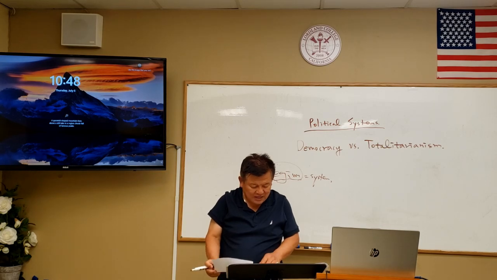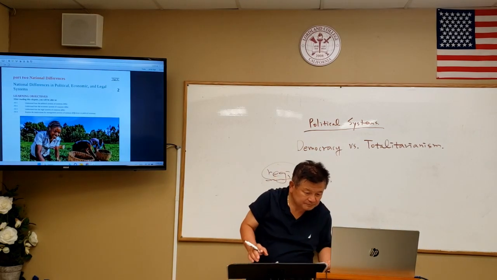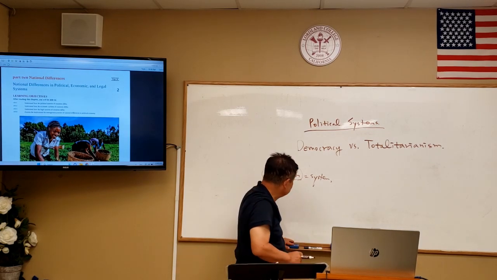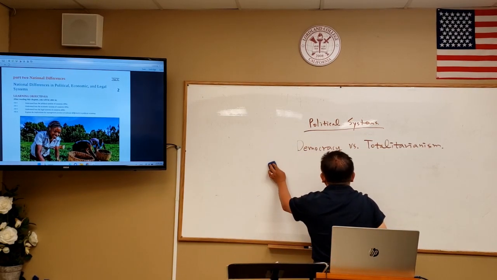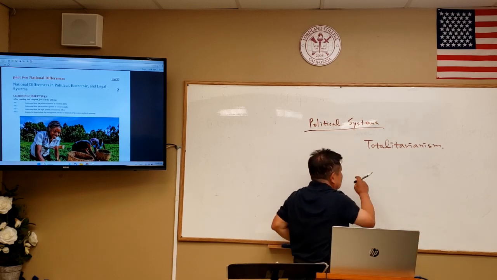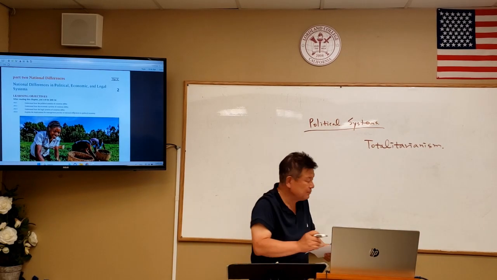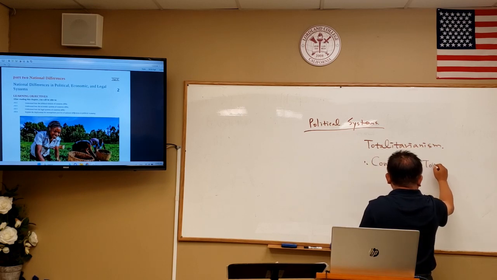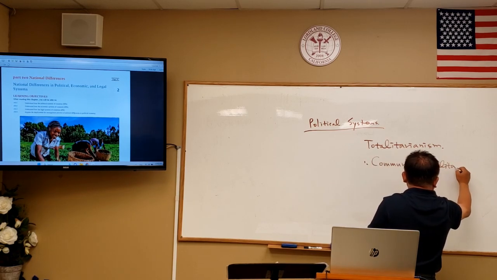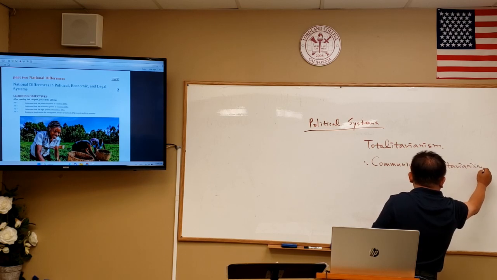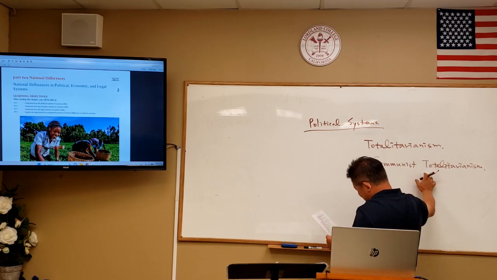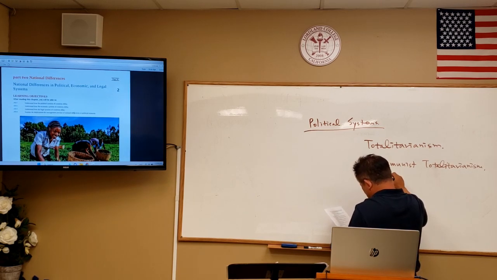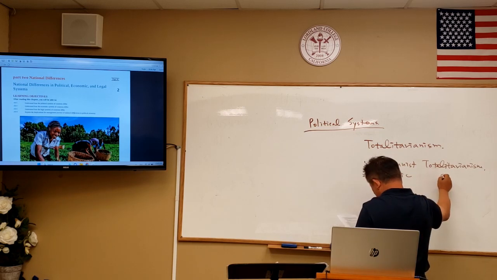So there are four kinds of totalitarianism. Okay, so today I will introduce totalitarianism. Four kinds. One is communist totalitarianism. And the second example, theocratic totalitarianism.